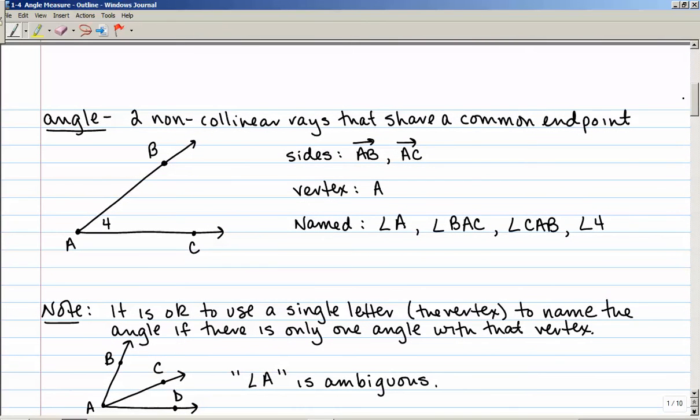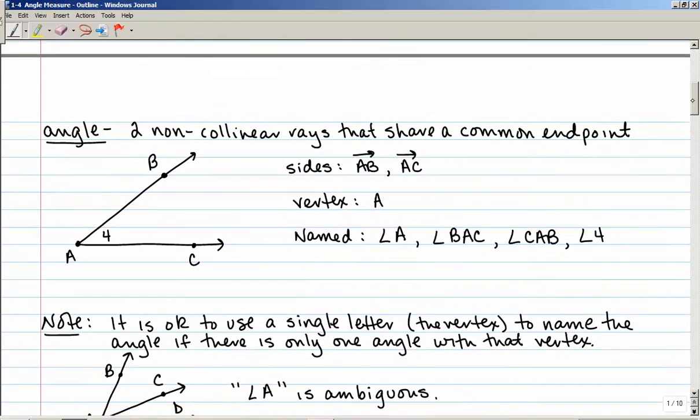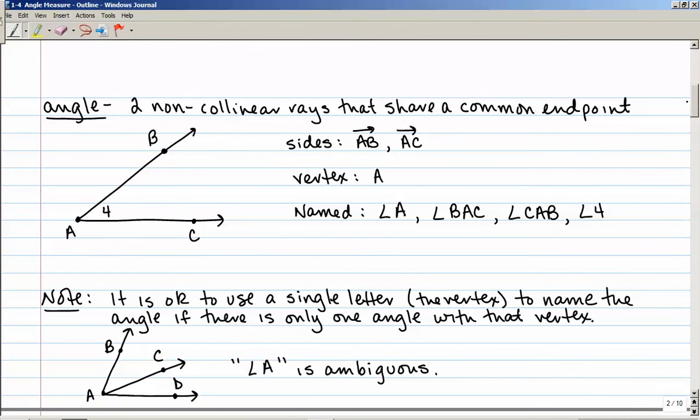Now the definition of an angle is two non-collinear rays that share a common endpoint. So they're not opposite rays, but they do share a common endpoint because they're not collinear. So here we have an angle, and its two sides are rays AB and AC.